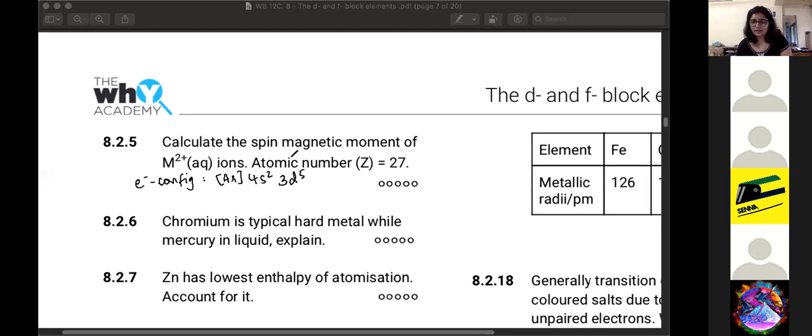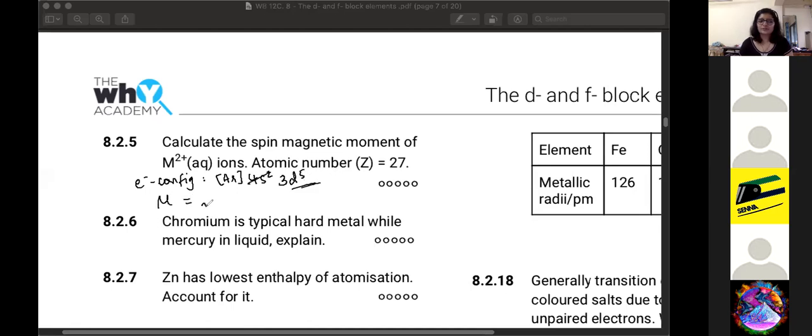Okay, Ananya and Ria have calculated the final answer. Aryan has also calculated. Siddharth also. Cool. So for M2+, 4s2 will not remain. So there are 5 d electrons. All of them are unpaired.